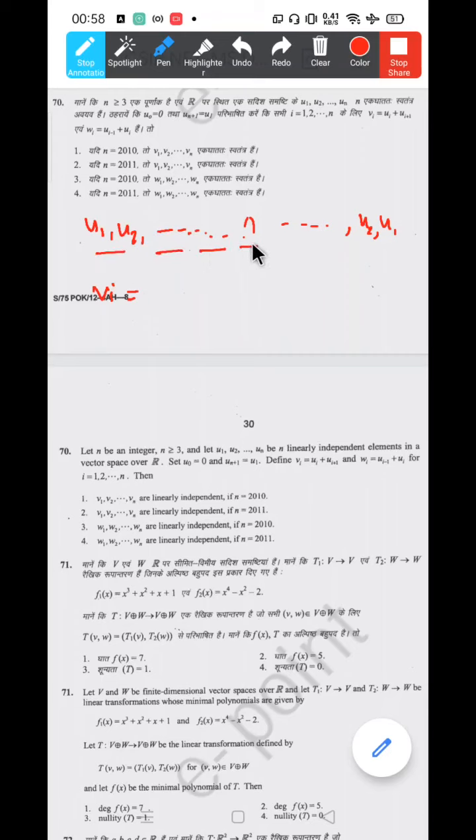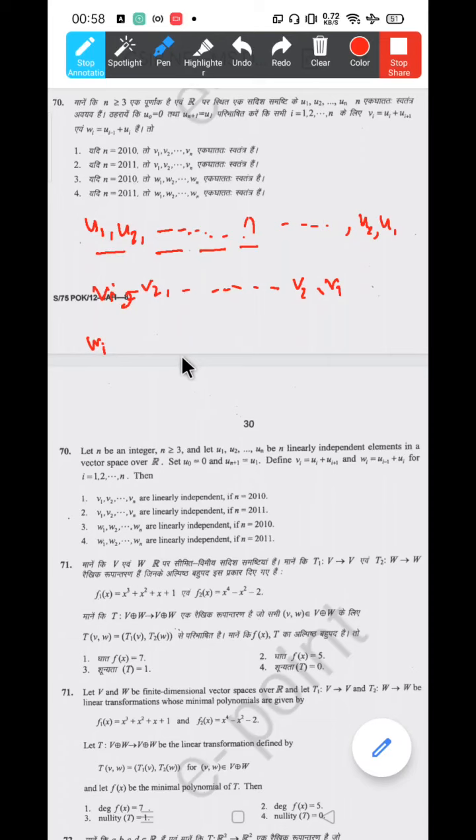So vi will be also like this, v1 v2 up to here it will be v1, it will be v2 and like this only. Both will be same. Next, wi. What is wi? ui minus 1 and ui. That is again same only. So wi will be again like this only.